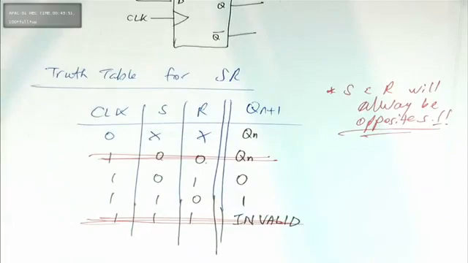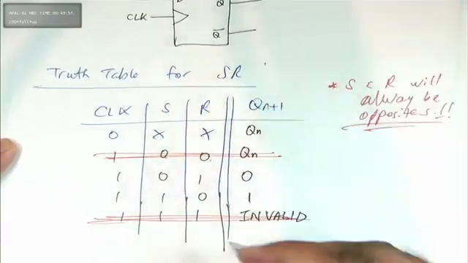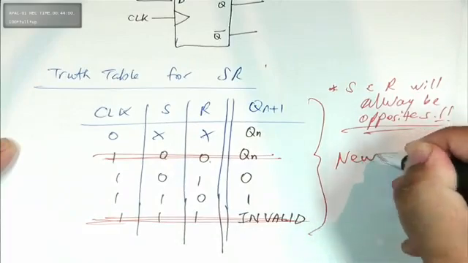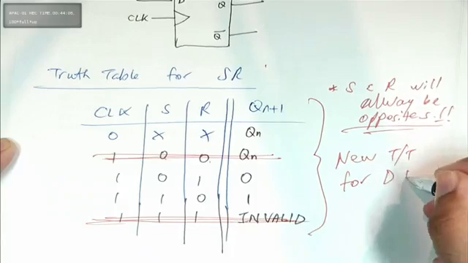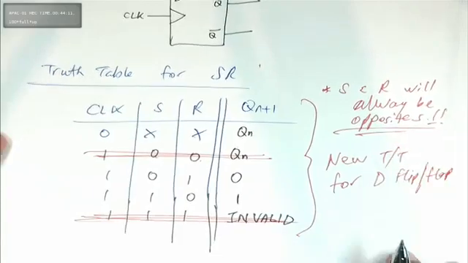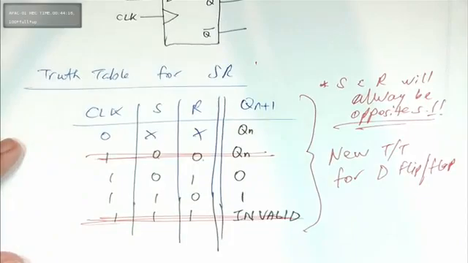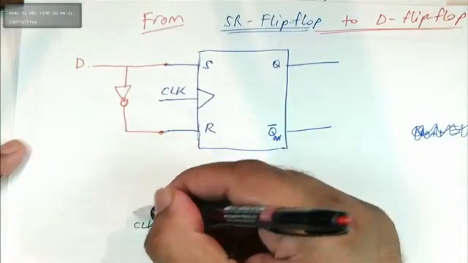So therefore, the new truth table for D flip-flop has only what? 3 lines. 0, 1, 1. Right? And of course, S and R are opposite, but we only have one input, and that is D.